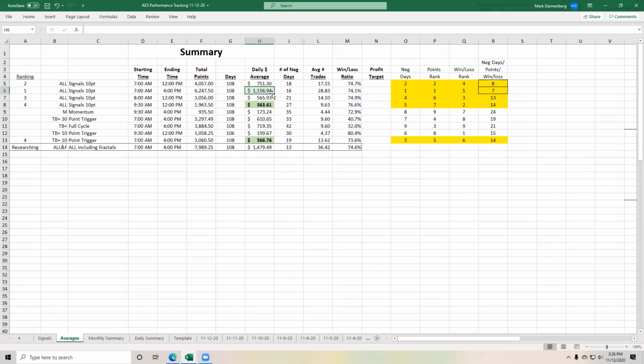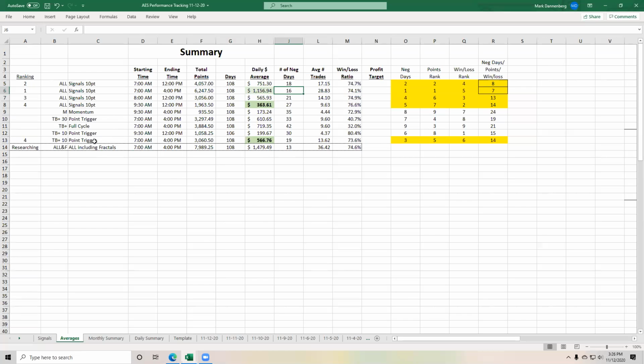That's a pretty solid number right there. $1,156.94 is the average profit production trading from 7 to 4 for the last 108 trading days. That's pretty solid. Mixed in there are 16 losing days. All signals 7 to 4.